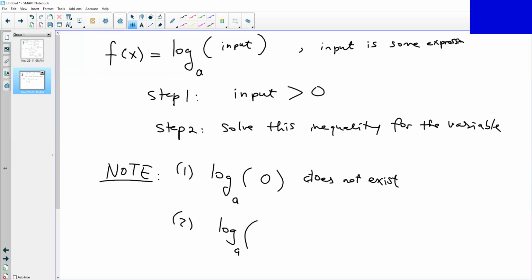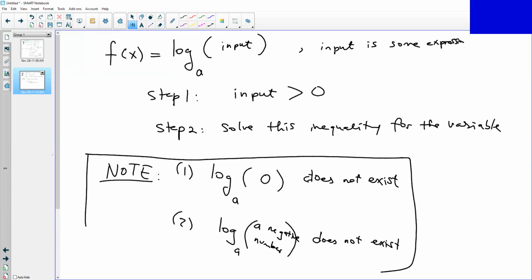Whenever the input is a negative number, this does not exist. You have to watch for these two situations, but as long as I just do these 2 steps, I will always find the correct domain.